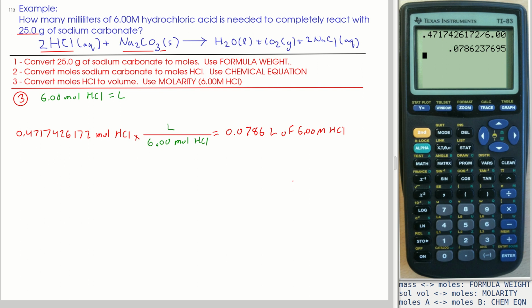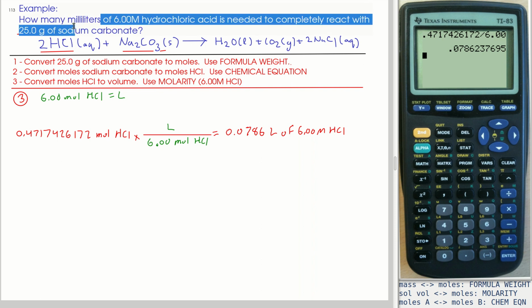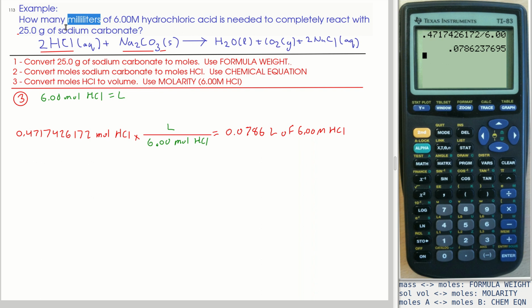Now, if all I was asked for was a volume, then this would be an acceptable answer. However, in the problem statement, they specify they want the units milliliters. So we need to do one more thing to give them the answer that they want. And that thing is, we need to convert our final answer from liters to milliliters.